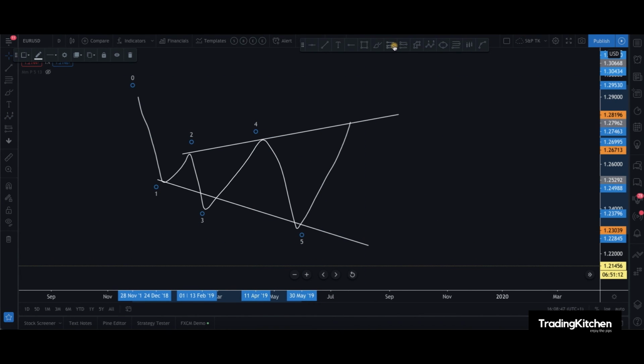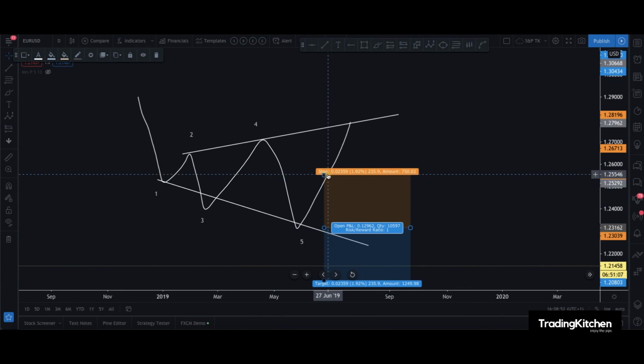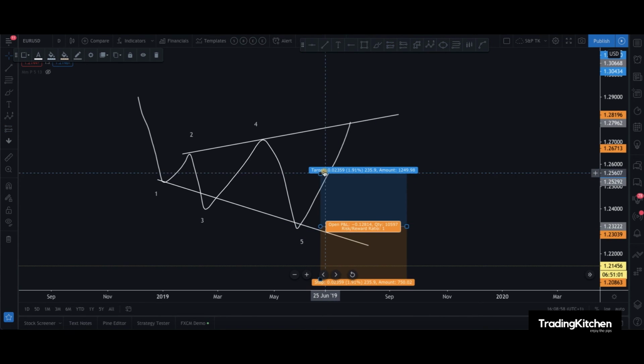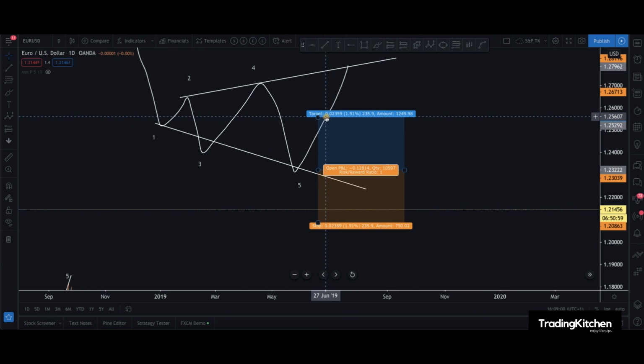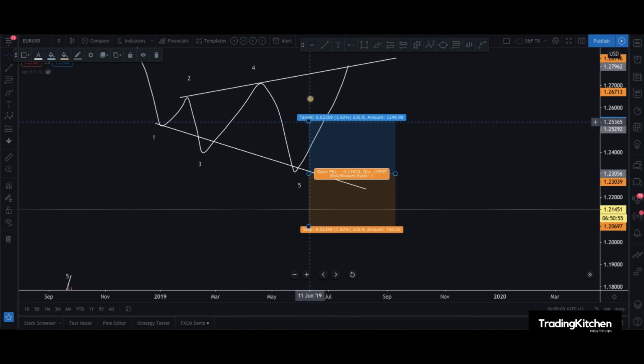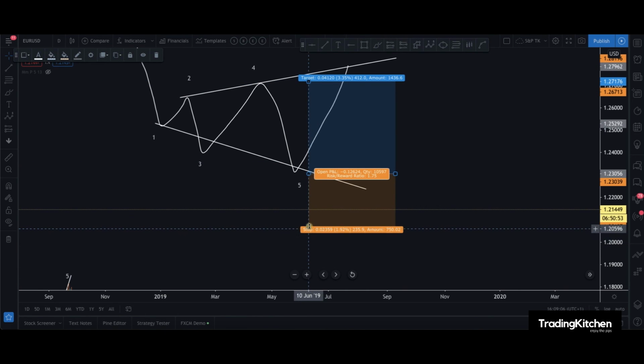Okay, here is our entry, and our target will always be 0.4.